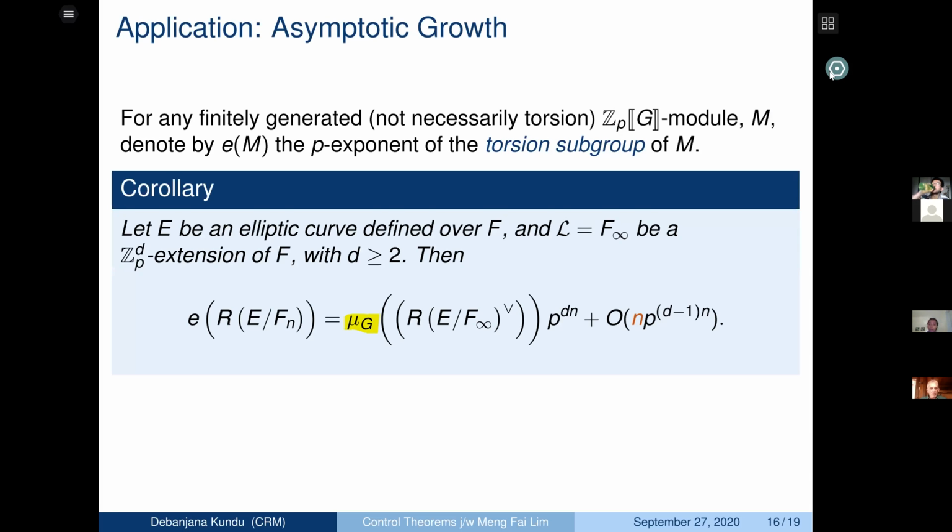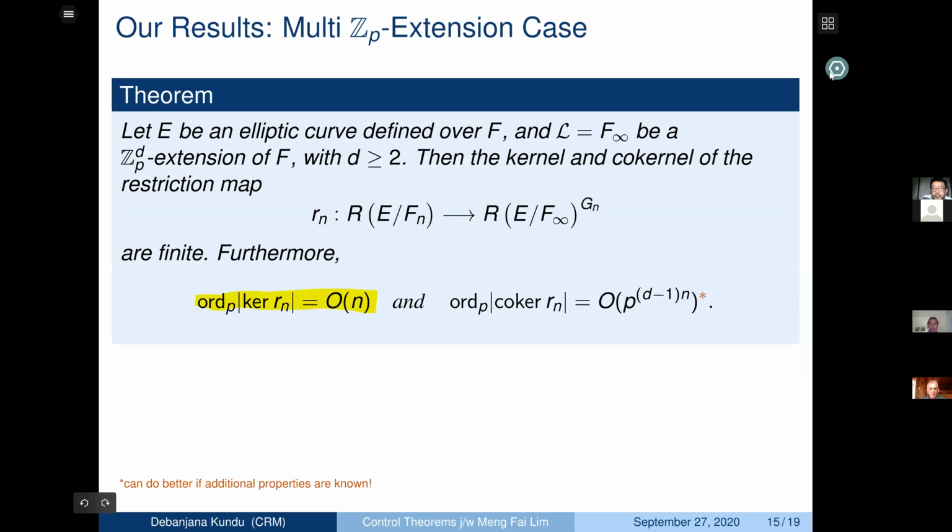And what I would want to point out is that this growth, big O of n p to the d minus 1 n, is not coming from the error term of the kernel or the co-kernel, because our error terms here were big O of n and big O of p to the d minus 1 n.